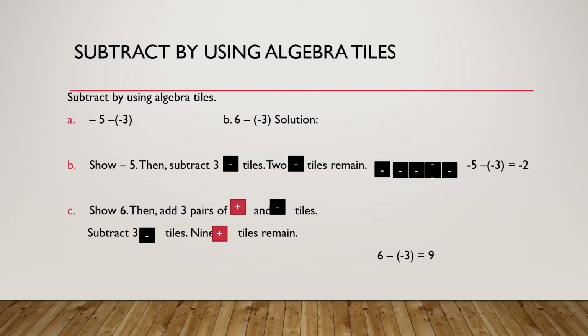We will take away kasi it becomes negative 5. Itong negative, negative, magiging positive yan. So, kung tatanggalin natin to, 1, 2, 3. So, ano natira? Dalawang negative. Tama, di ba?